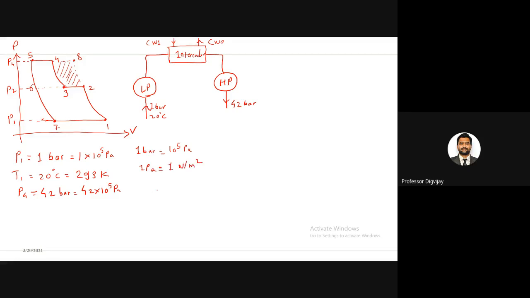That means there is an area of 1 meter square, on that area I am applying 1 Newton of force. So that means 1 Newton per meter square. So this is meant by 1 Pascal.